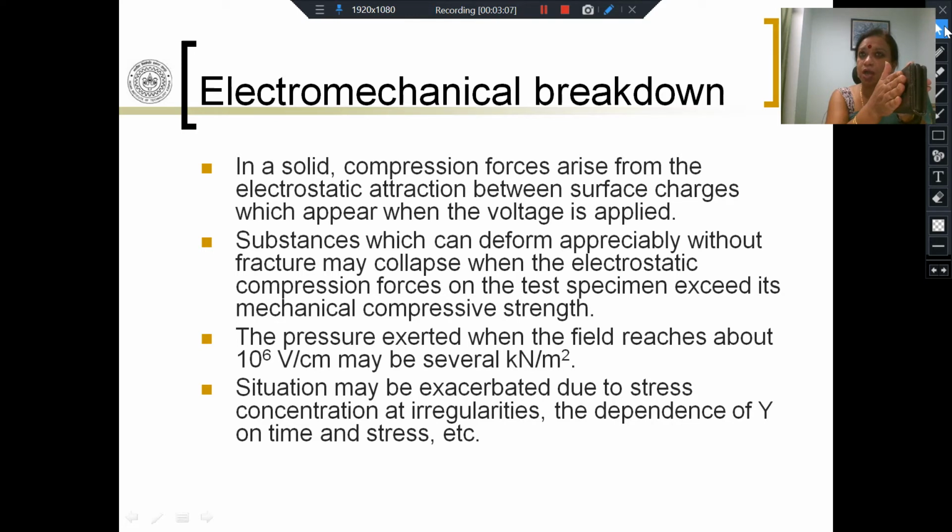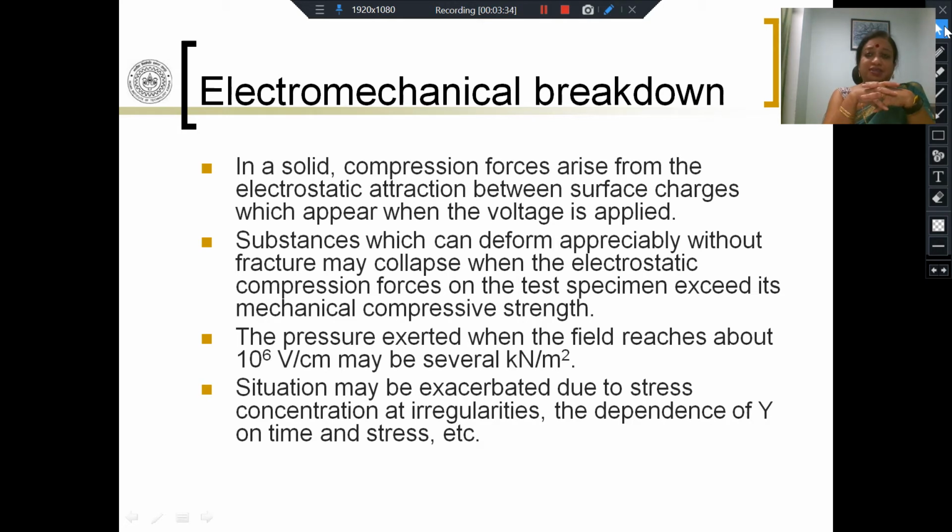And these opposite charges should attract each other. So as a result, across the volume of the dielectric, these charges will attract each other, and there will be compression forces. So because of the electrostatic attraction between surface charges on two opposite surfaces, there will be compression forces which will try to compress the material.